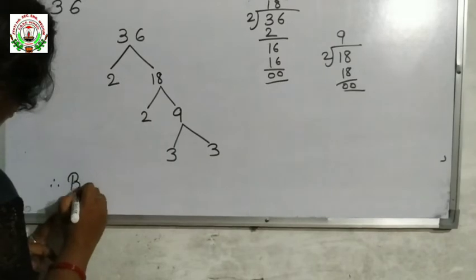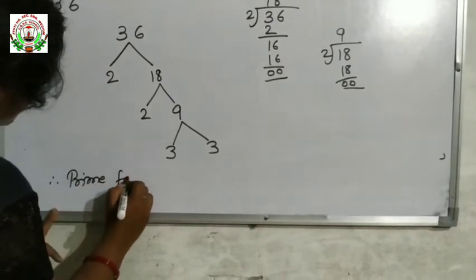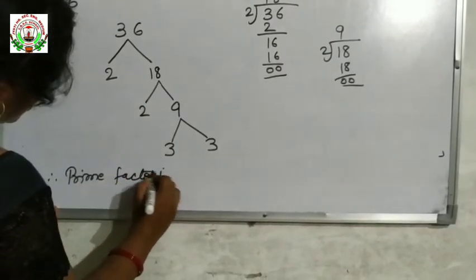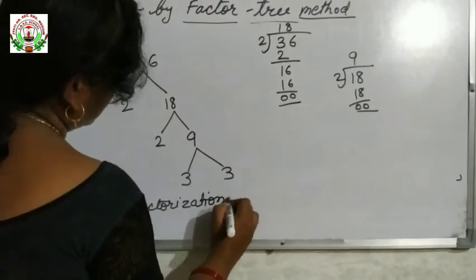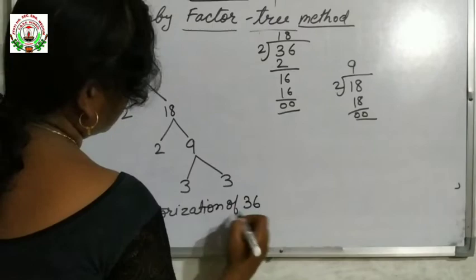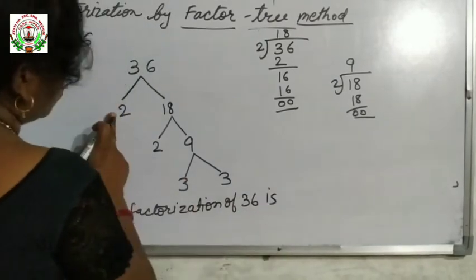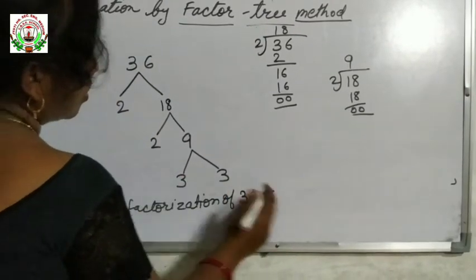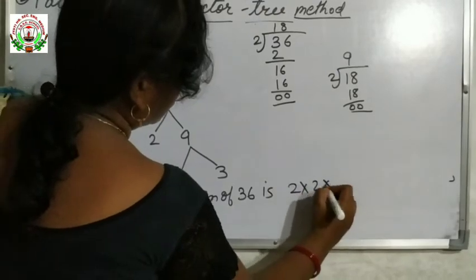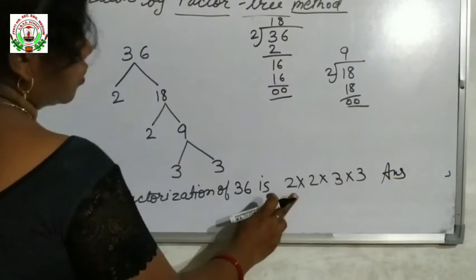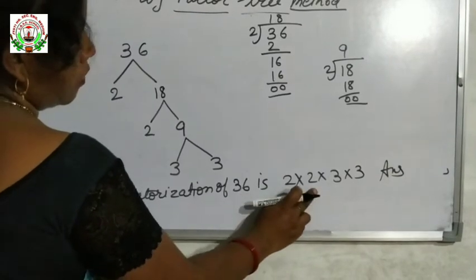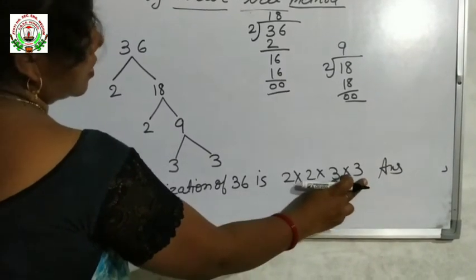Now the prime factorization of 36 is 2 into 2 into 3 into 3. This is the answer. If you want to check, 2 twos are 4, 4 threes are 12, 12 threes are 36.